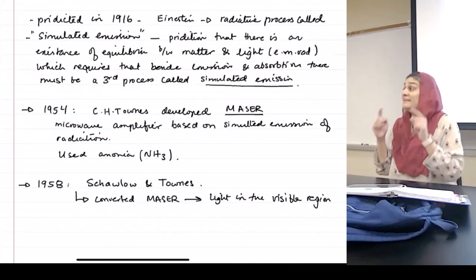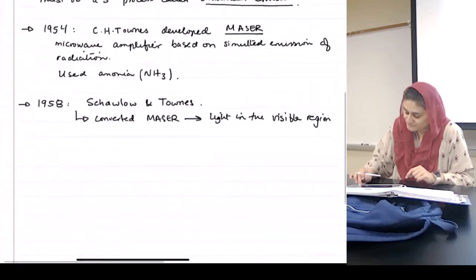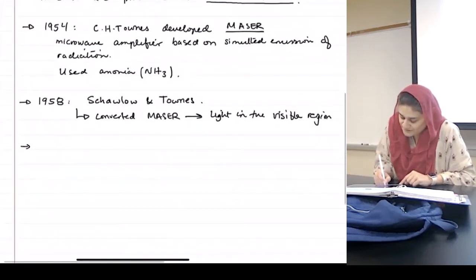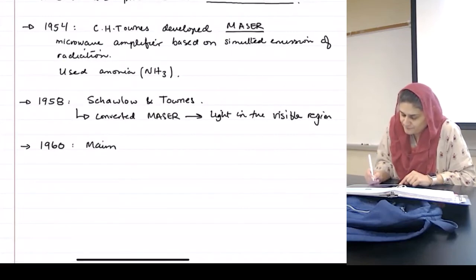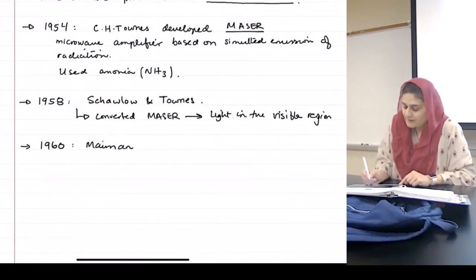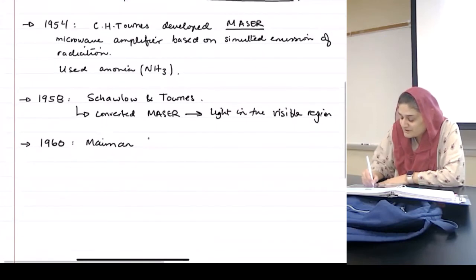However, the real lasers were further developed in 1960 when Maiman built the first laser device.